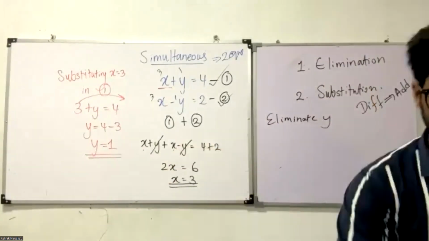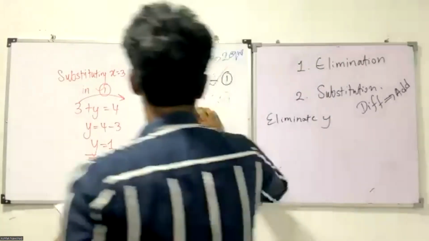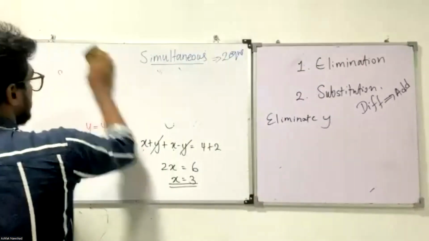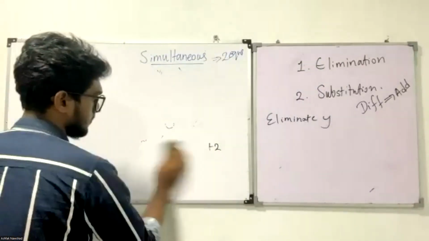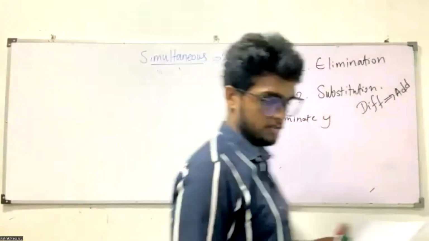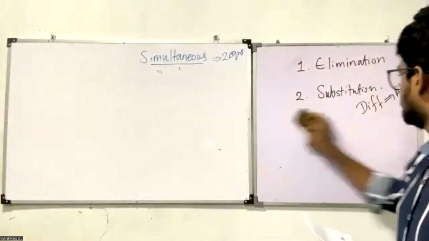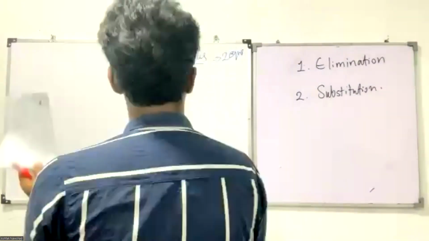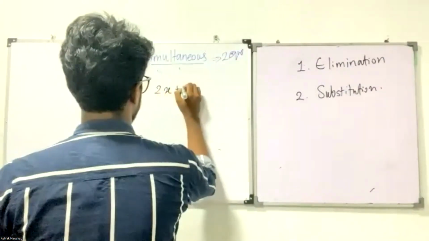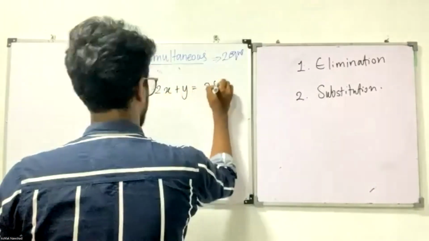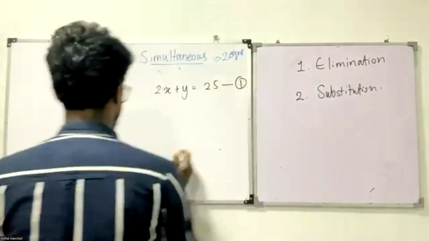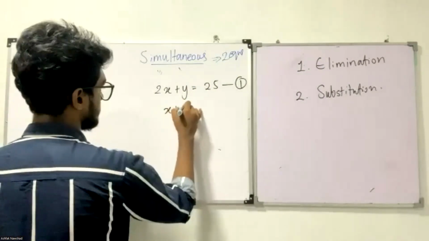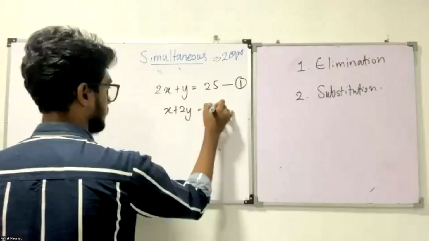Now see that example in the tube. We are going to follow the same steps we followed for the previous question. 2x plus y is equal to 25. This is our first equation, and the second equation is x plus 2y equal to 20.